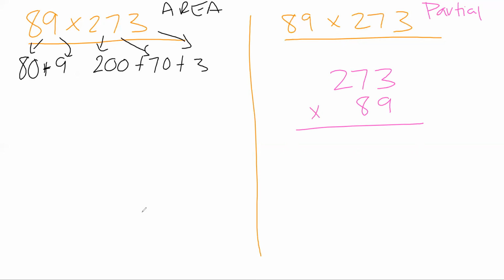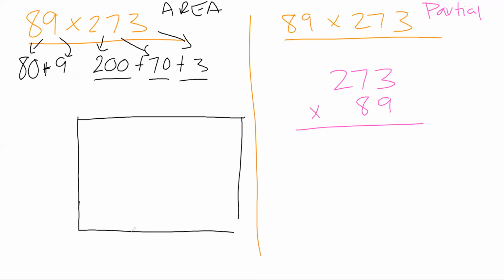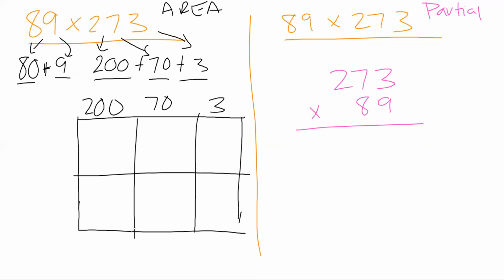Okay, all right. Now I'm going to come over here and build my area model. So I have 1, 2, 3 columns. That would be a column of 200, a column of 70, a column of 3, and then I have 2 rows. Now I'm going to do the same thing over here, setting up what I'm going to multiply. We said we'd keep that in pink.